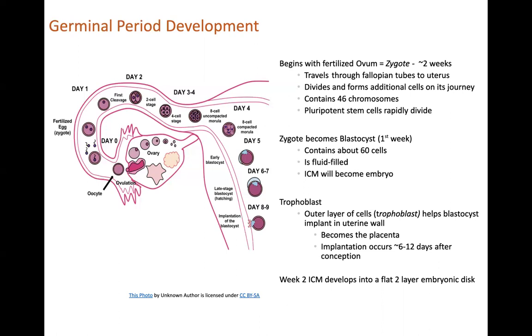Then you have the trophoblast, which is the outer layer of cells and helps the blastocyst implant on the uterine wall. Implantation is most commonly around 8 to 9 days, but it depends on the ovulation aspect. The trophoblast becomes the placenta, and once again, implantation occurs between 6 to 12 days after conception. In week 2, the ICM develops into a flat, two-layer embryonic disc as well.